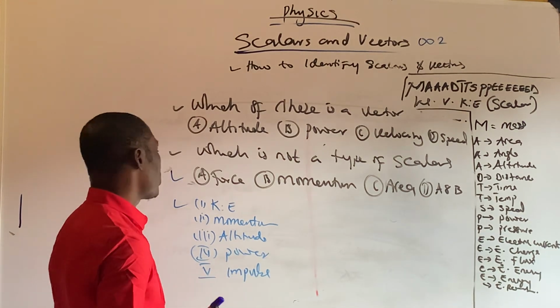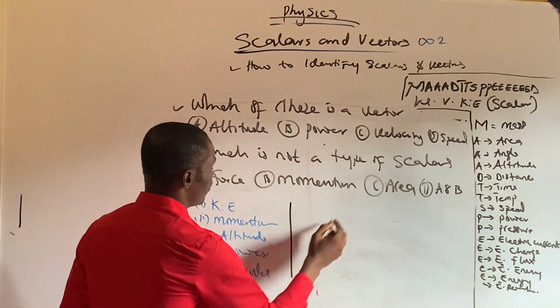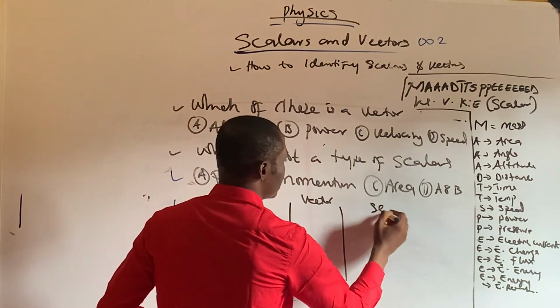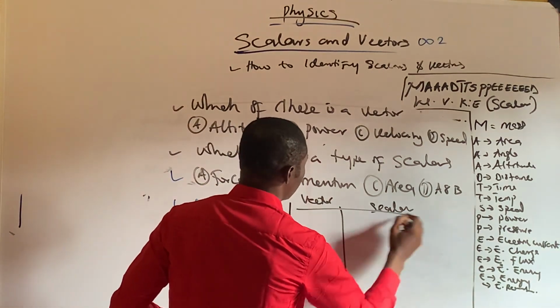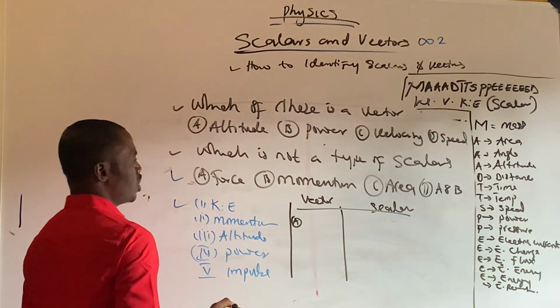Now, they can ask you a question, which of the list is a vector? So we want to know which of the list is a vector and which of the list is a scalar.